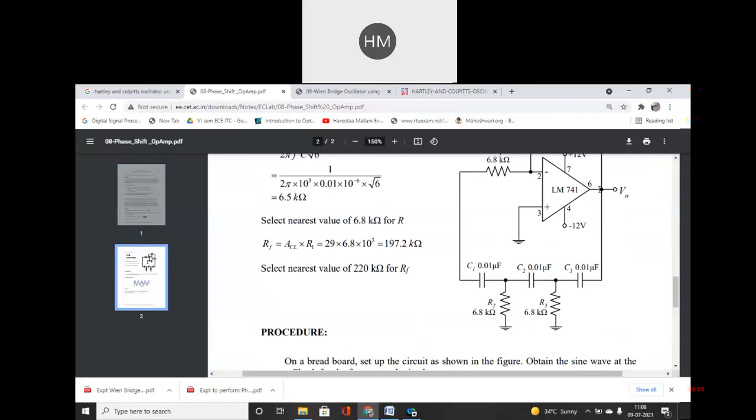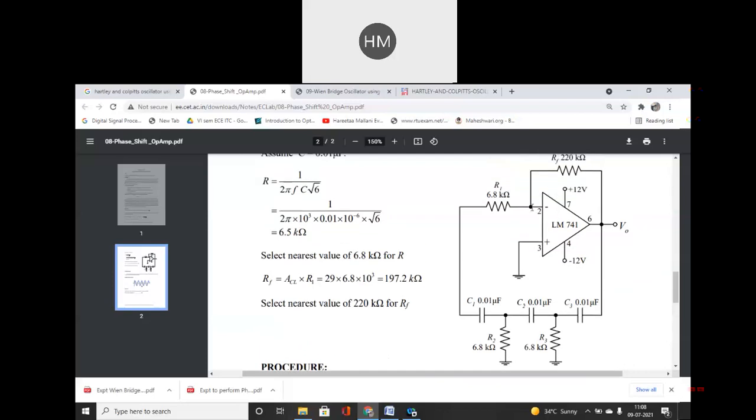You can see this is my operational amplifier. See students, this is the operational amplifier. This RC network we have connected earlier with transistors. So what we are doing, this is an inverting mode because the negative terminal is connected with this feedback portion. This is acting as the input to the negative terminal.